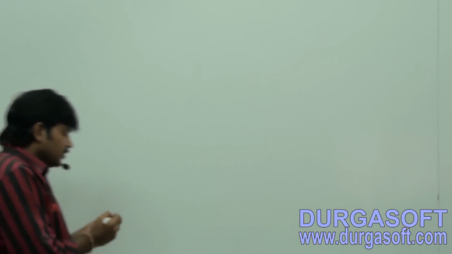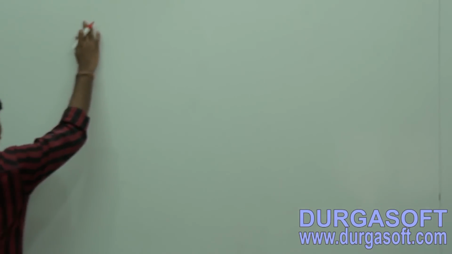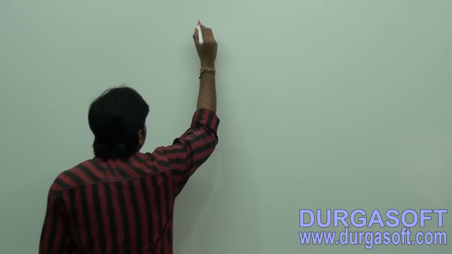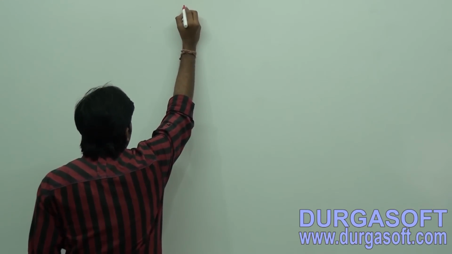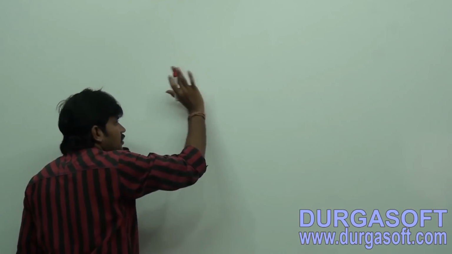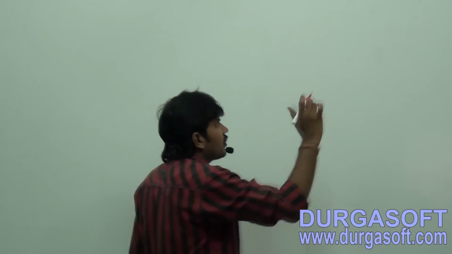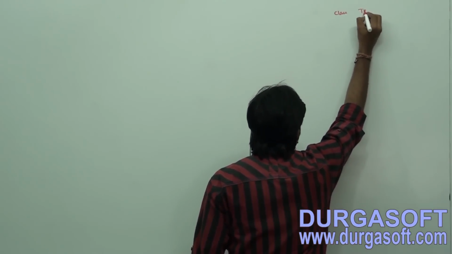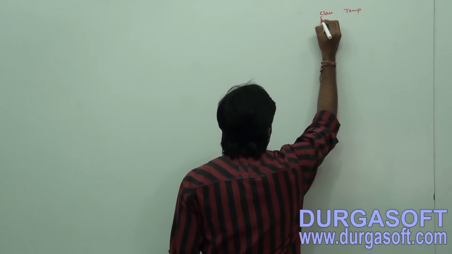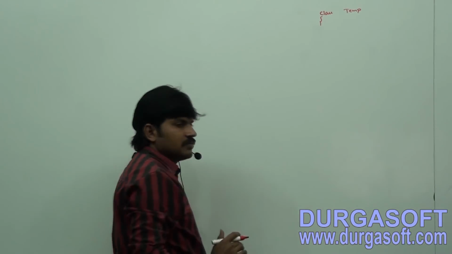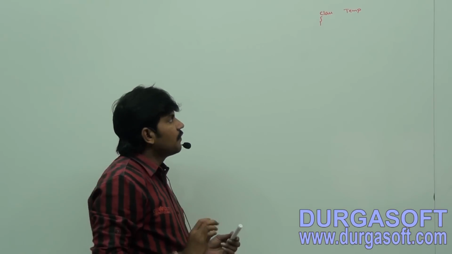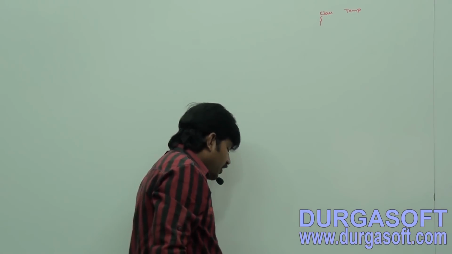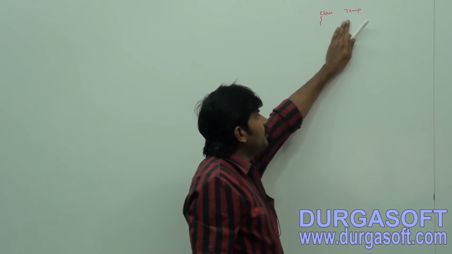Listen very carefully. Here I am taking one normal HashMap. But before that, let me take one simple class, class Temp. Whenever we try to print a Temp object, internally which method will be called? The toString method, have you remembered?